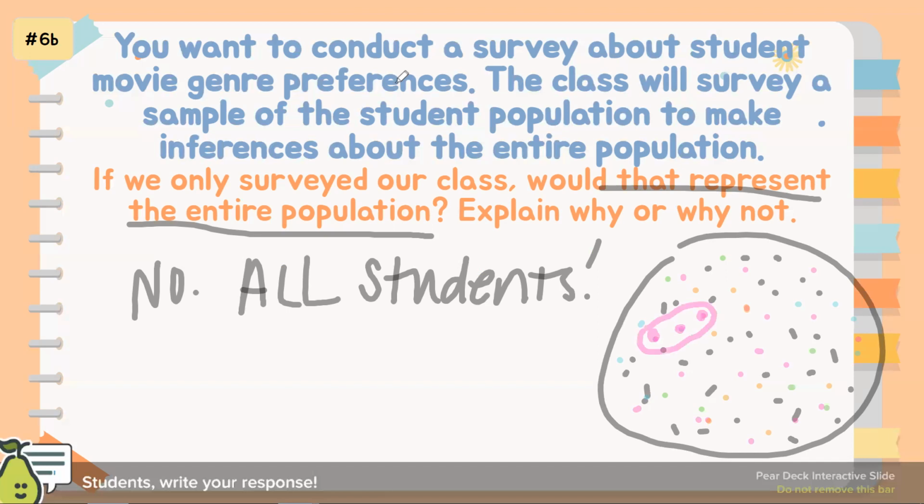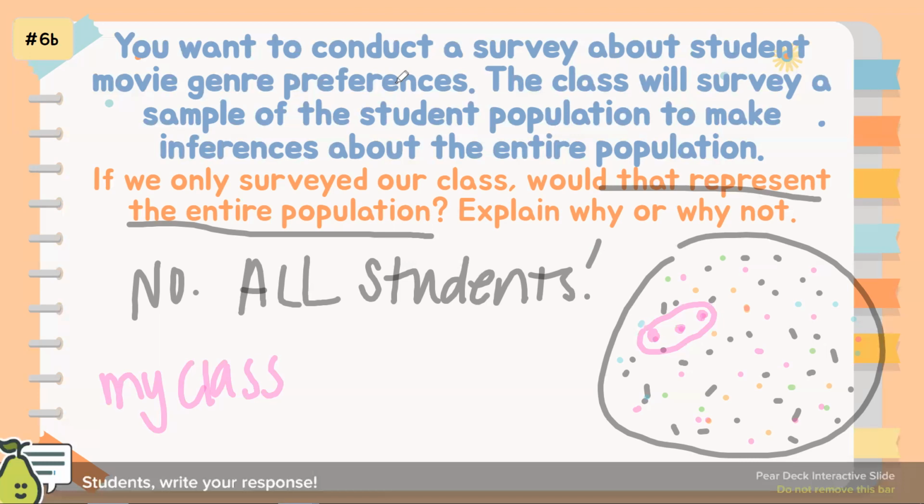If I selected this tiny sample of students, and that was my class students, that is very, very small out of the entire population of students. So that would not represent the entire population. That's only our class period, which isn't all students ever. We would need to include other class periods, but not even just that. We need to include all students in general.